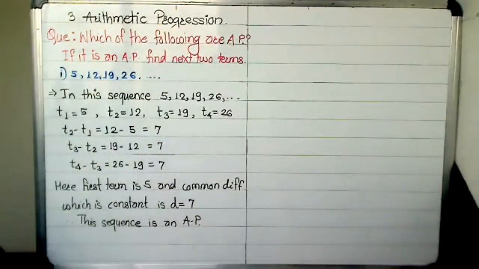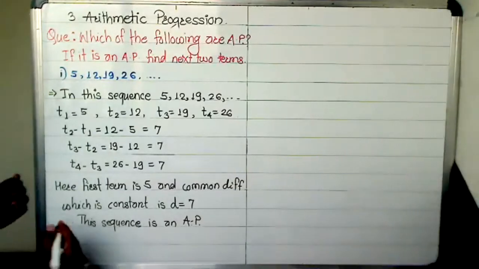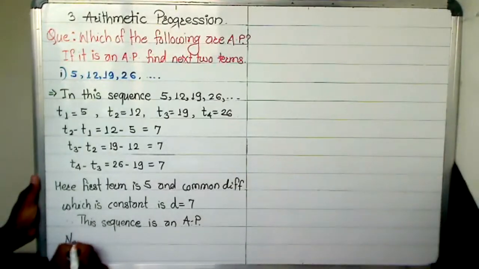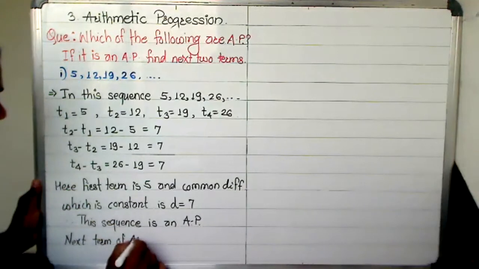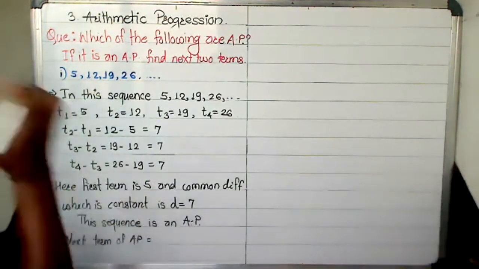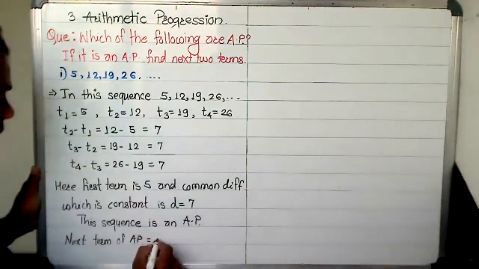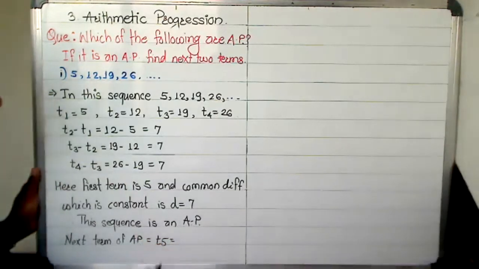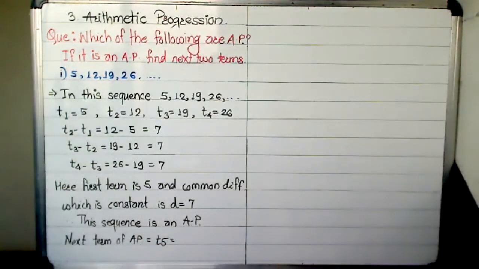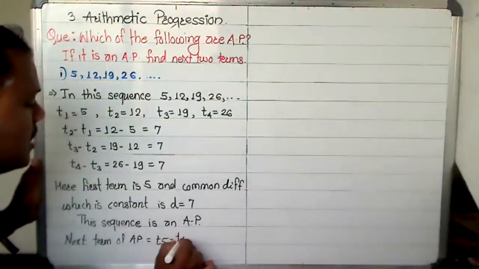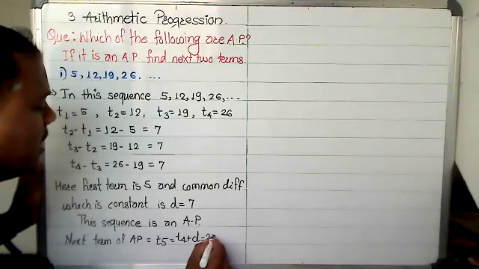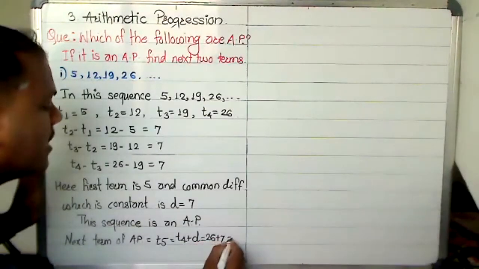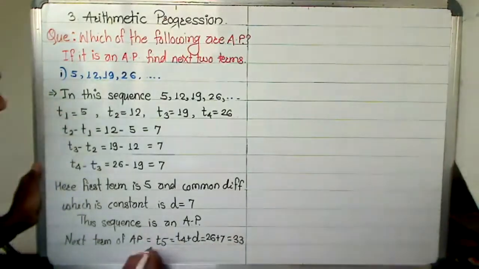So the next two terms of the AP are: the next term, T5, is T4 plus d, which is 26 plus 7, equal to 33.